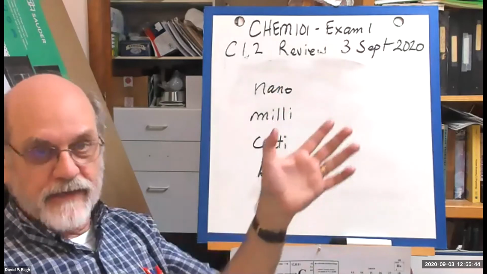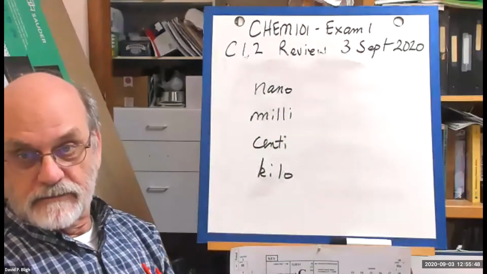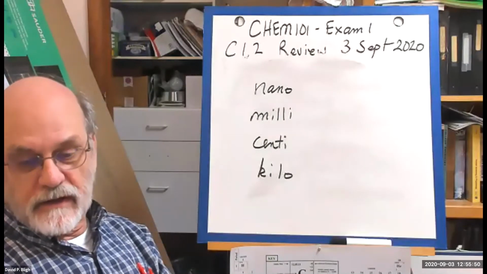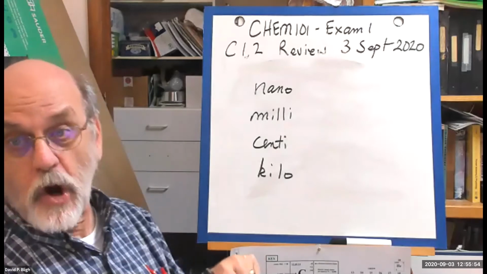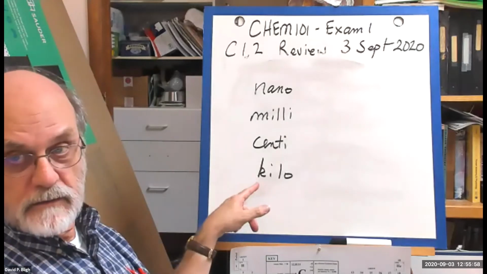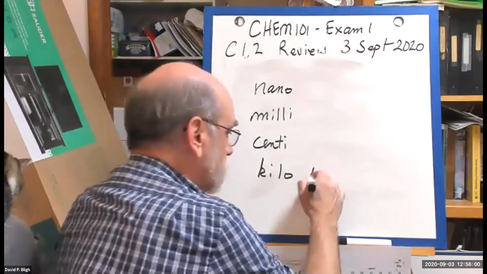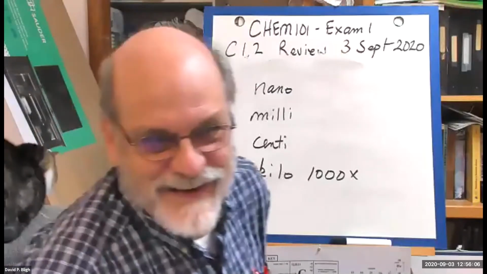Find one end and the other end, and then fill in the middle. So what's the biggest unit here, if we're going from smallest to largest? The largest prefix would be kilo. It's 1,000 times. That'd be A. Yeah, it's A. That's what I thought, but I just didn't want to say it.